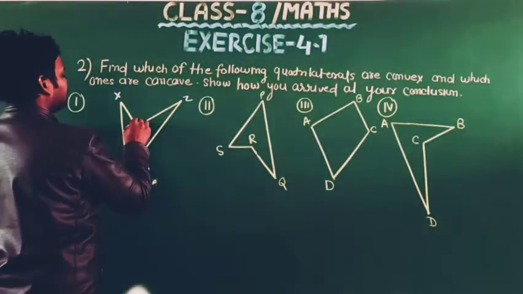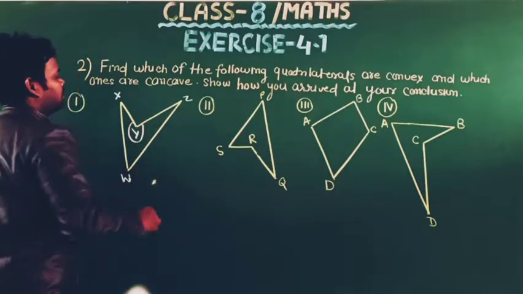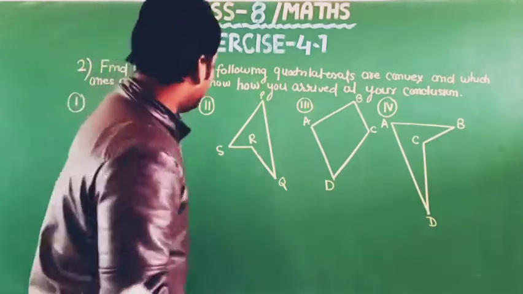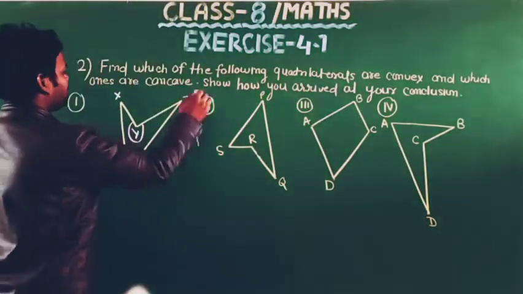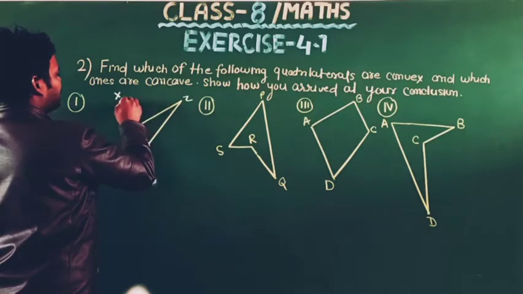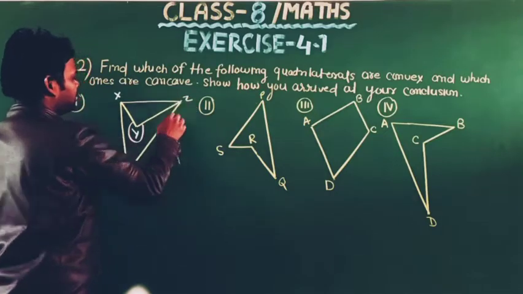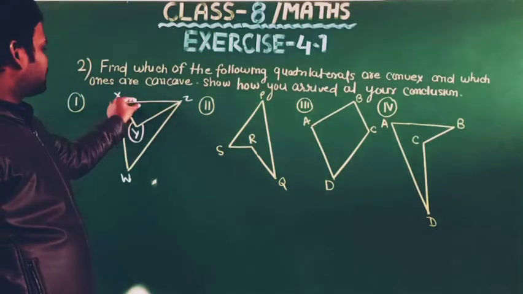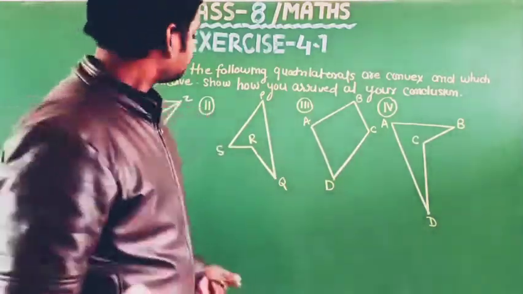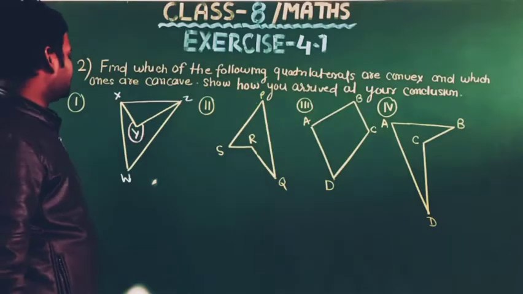Here one angle, at Y, is more than 180 degrees. In other words, the diagonal drawn from vertex X to Z lies outside the given quadrilateral.